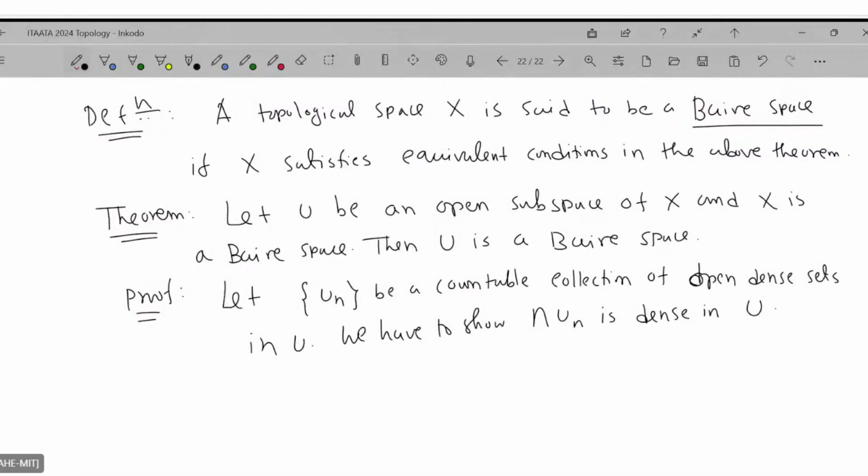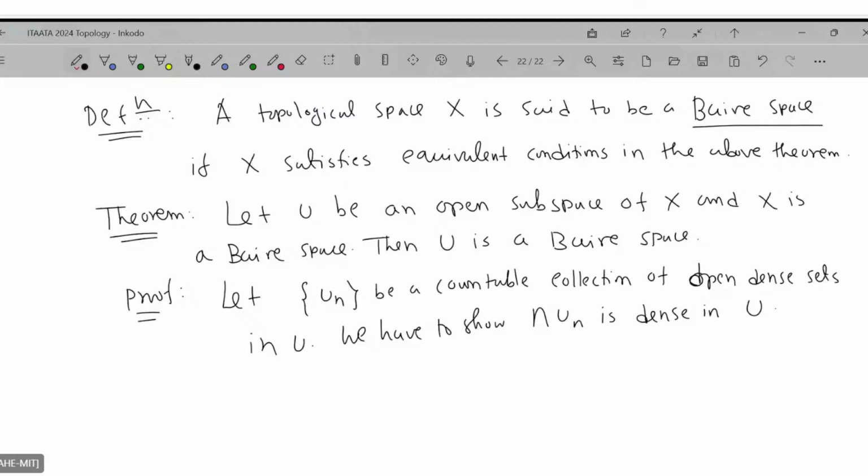Now, can we say that they are also dense open sets in X? Yes, it will be, because we know that if a subspace is open itself, then any open set in that space will be open in the whole space.